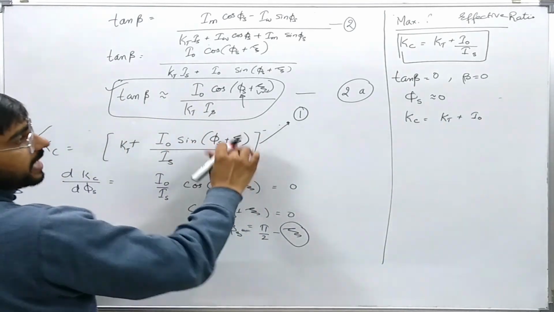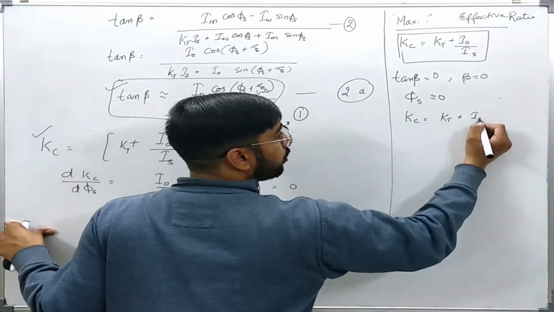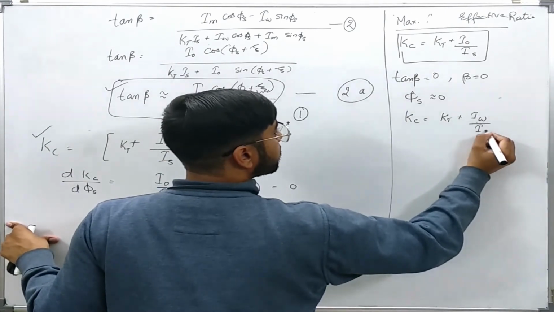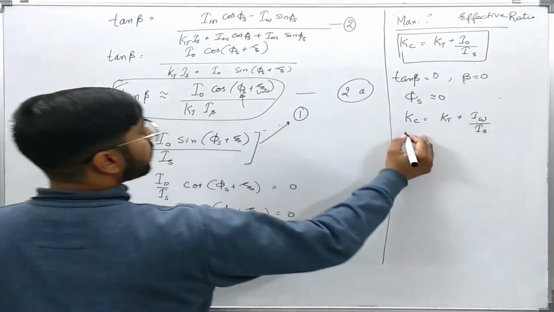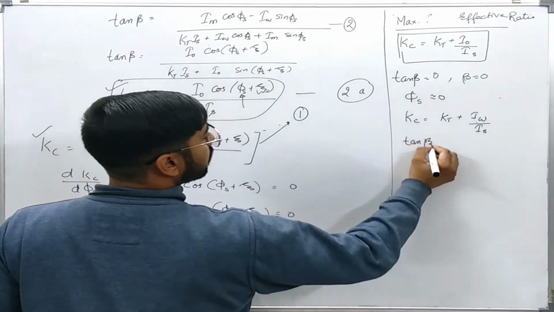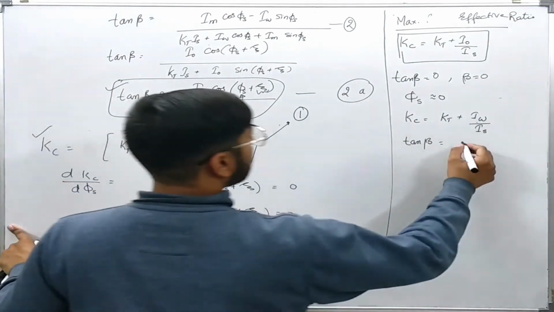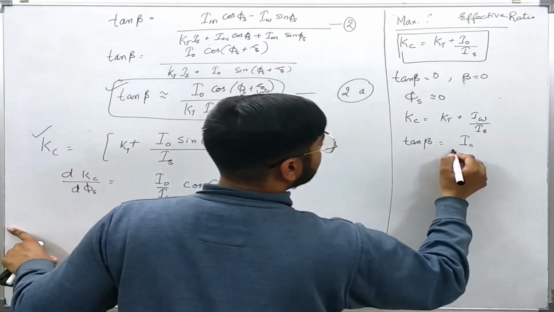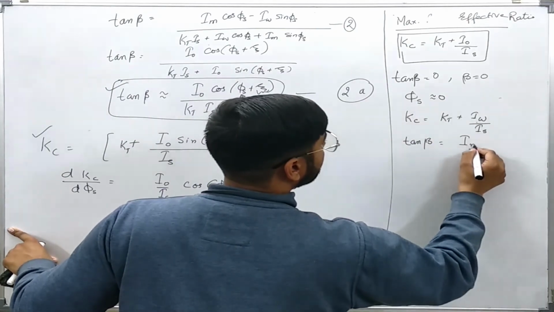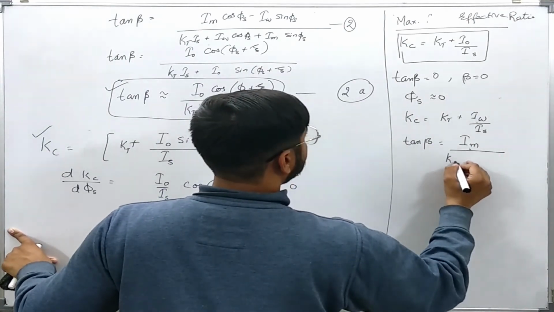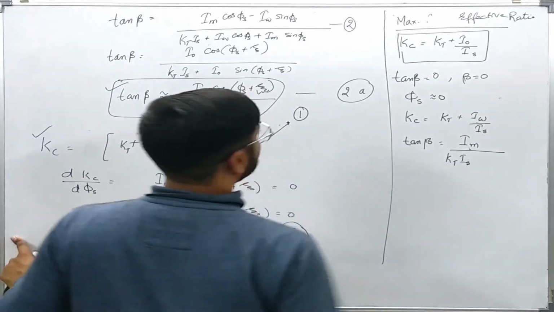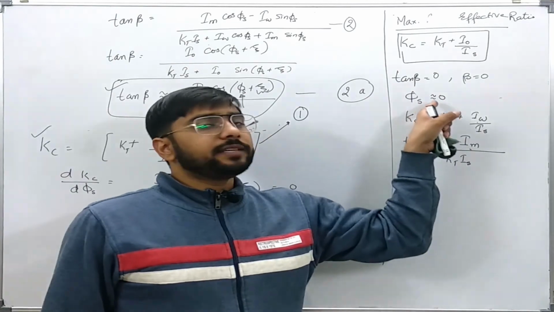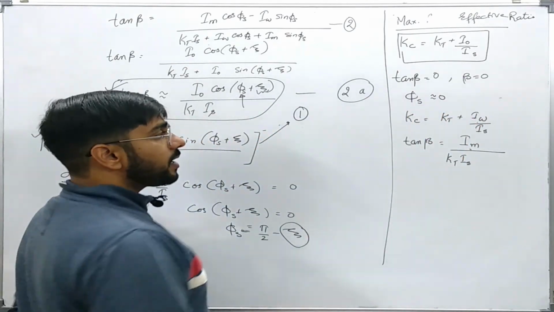Now I naught sin zeta is nothing but Iw, the loss component of the no load current, over Is, and the phase angle error will be equal to I naught cos zeta, equal to Im, over Kt Is.